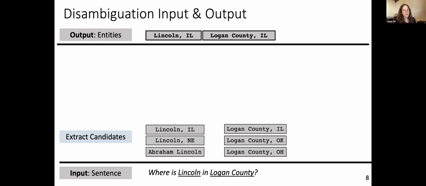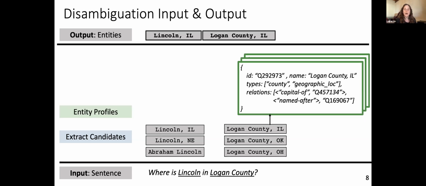So the first step in this process is where we actually extract candidates, or candidate generation. I'm not going to talk about this a lot in detail, but the overall motivation is that it's very hard for a variety of reasons to resolve against all entities in your knowledge base. And so usually there's a retrieval part to this pipeline where you limit the set of candidates to those that are fairly relevant to the sentence and highly likely to be the answer. For these candidates, we then extract what we call an entity profile.